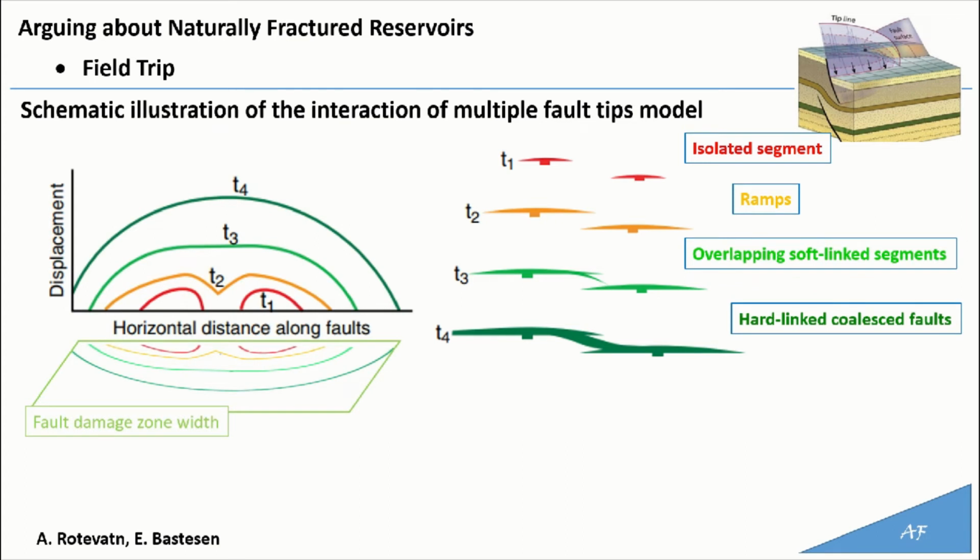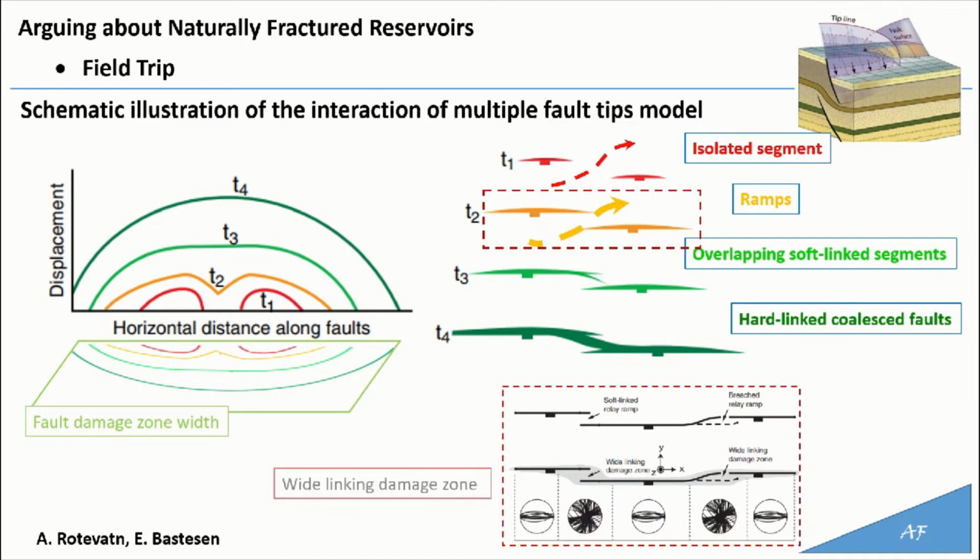Here, the sketch on the left shows the expected displacement profile for each time step. This displacement profile highlights the evolution of the gap between the two faults, passing from a ramp that is affected by a wide linking damage zone, resulting from the merge of the two damage zones.